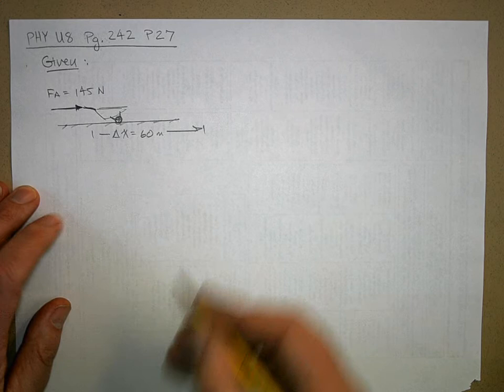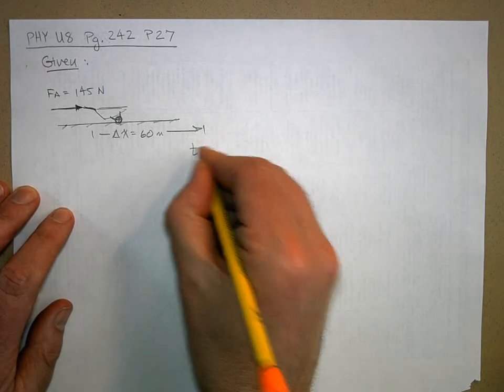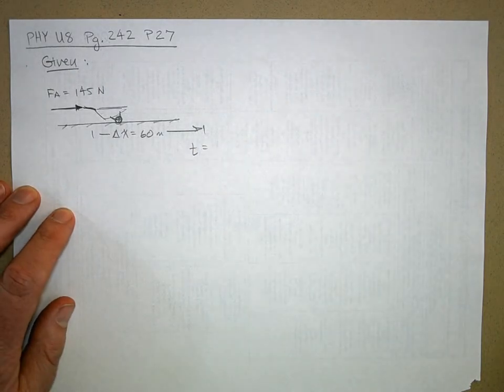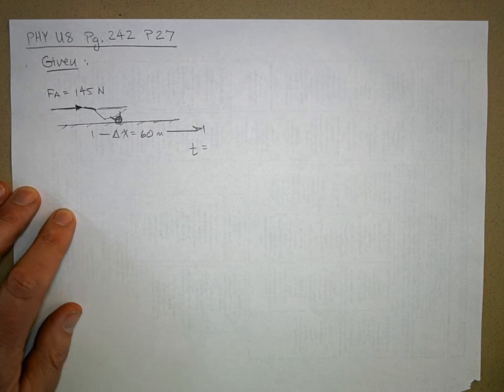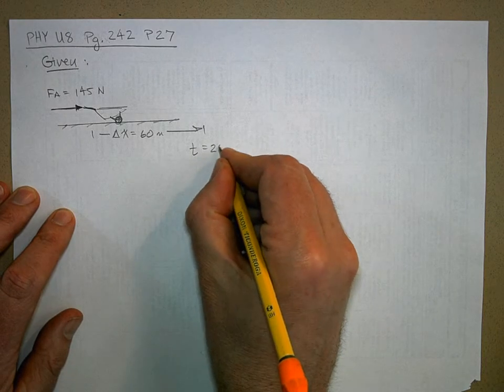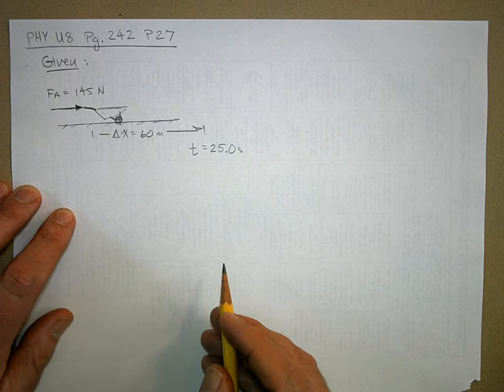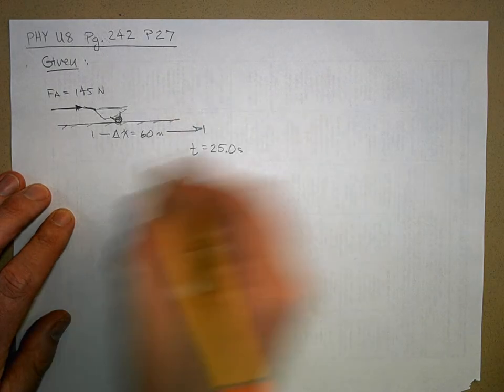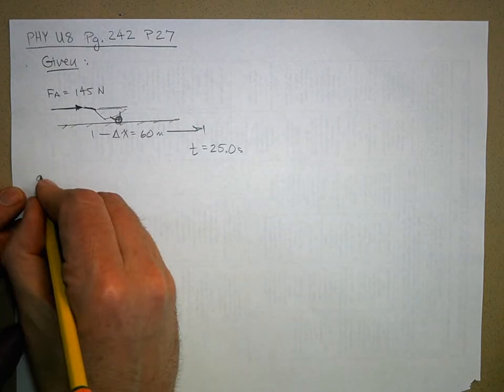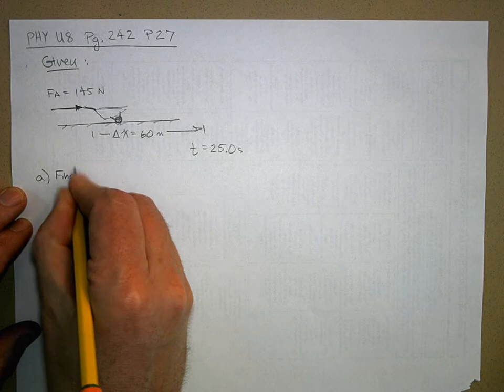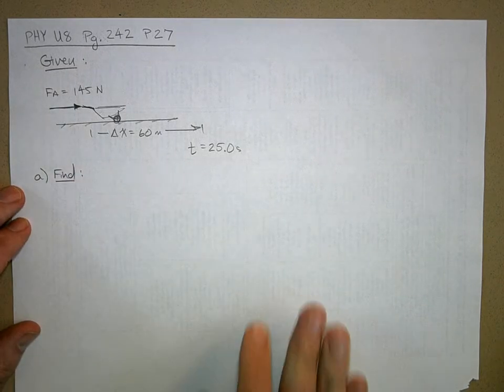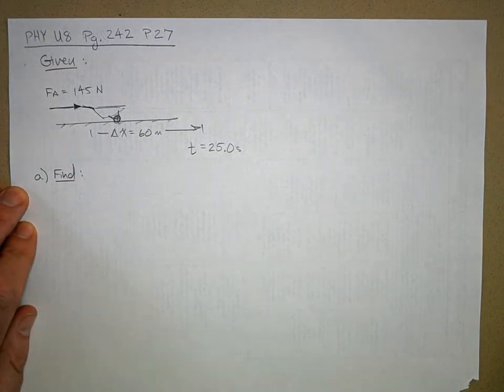And the time it takes to do that, the time is 25 seconds. Okay? And for part A, what are we trying to find? Well, it says, what power does Robin develop?